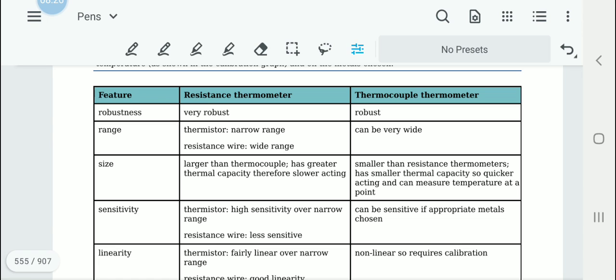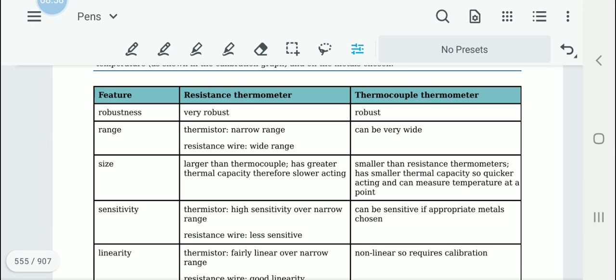Range: a thermistor has only a narrow range, and a resistance wire has a wide range. And thermocouple thermometer, just remember these as names. You don't have to actually explain the definition behind the resistance wire. Then the size is going to be larger than a thermocouple, has greater thermal capacity, therefore slower acting.